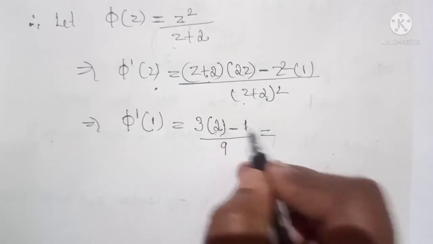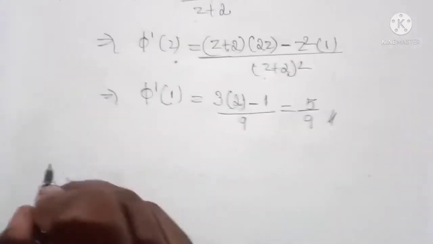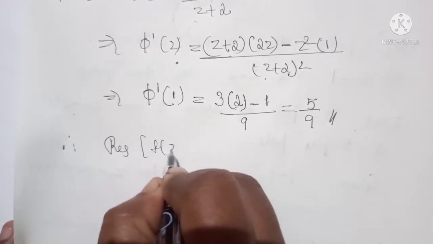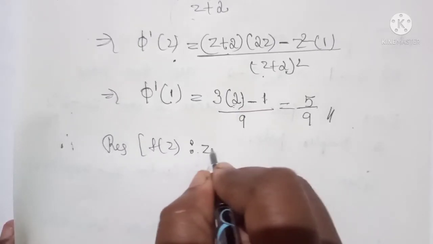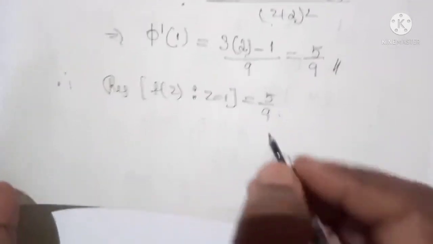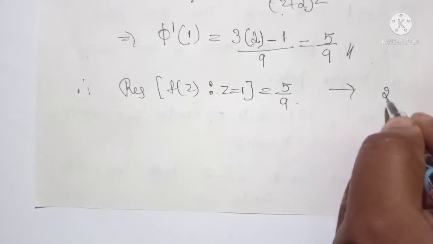So 6 minus 1 equals 5, we get 5 by 9. Therefore the residue of f of z at z equals 1 is 5 by 9. Consider this as equation 2.